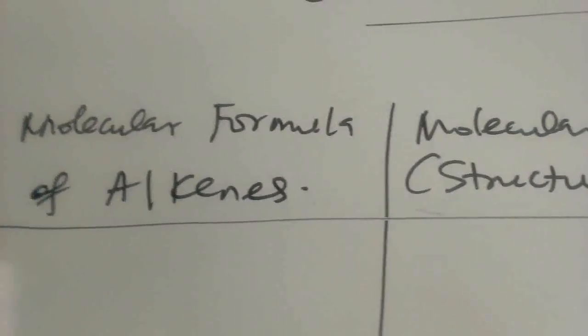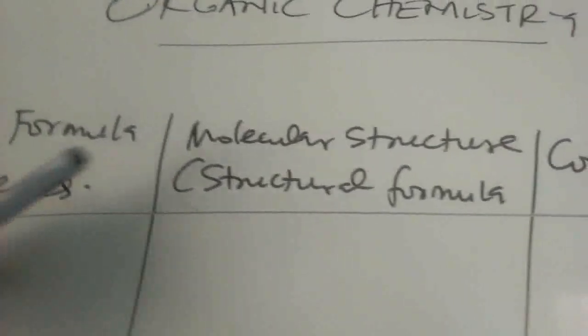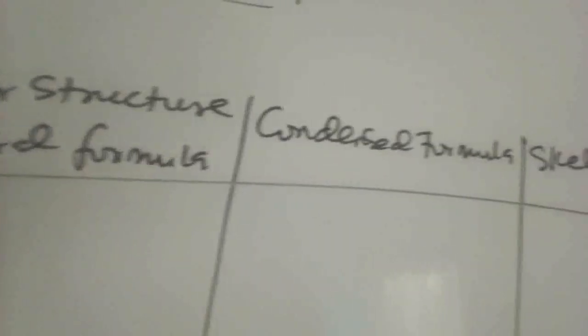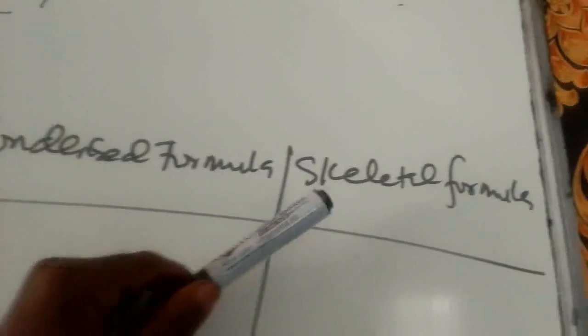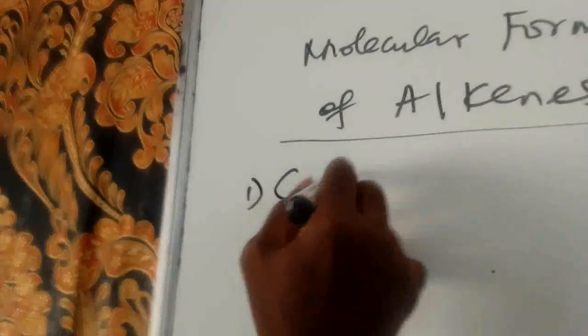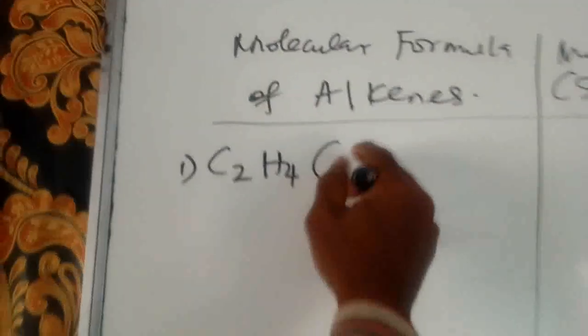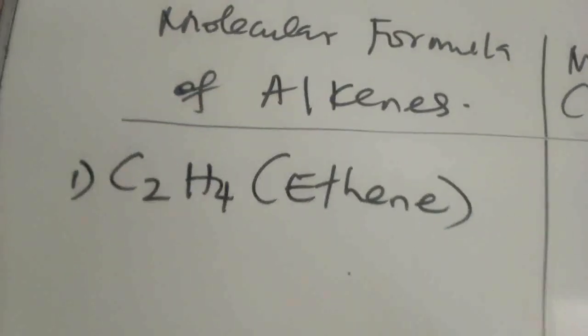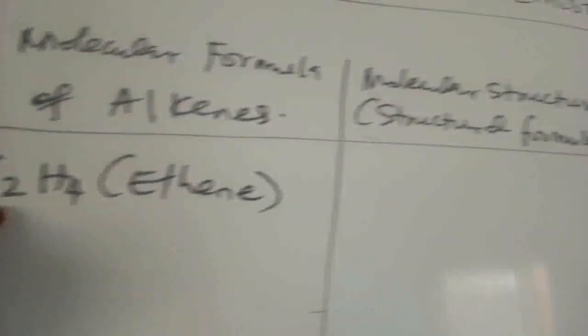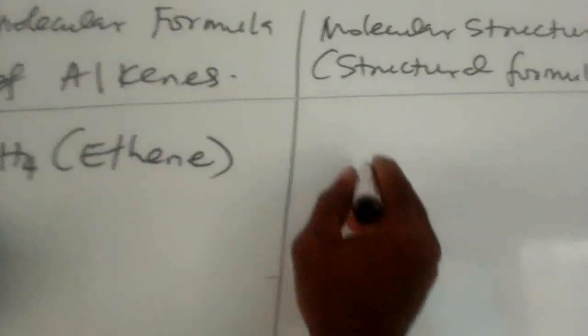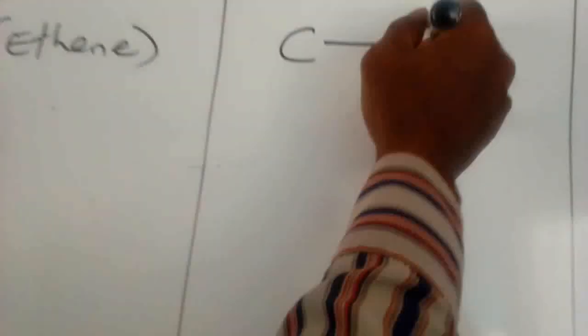Now the molecular formula of alkenes, the molecular structure, otherwise known as structural formula, their condensed formulas, and then their skeletal or line formulas. To solve, the first alkene member is called ethene, from the nomenclature. So let's draw the structure of ethene. There are two carbon atoms. We put the two carbon atoms on a straight line.